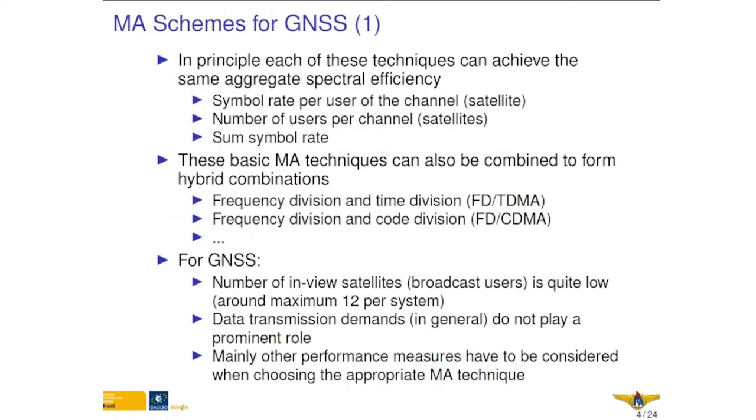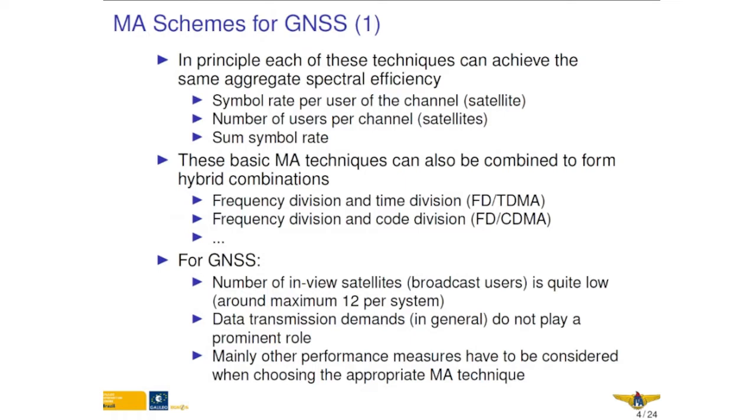They just have different properties, and you can select these techniques according to the system that you are trying to operate. These basic MA techniques can also be combined. So we can also create frequency-time division multiple access, frequency-division code-division multiple access, and so on.